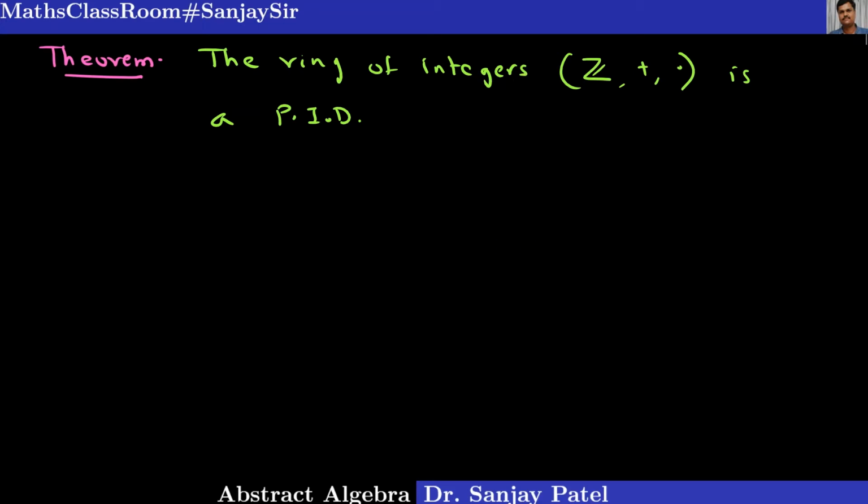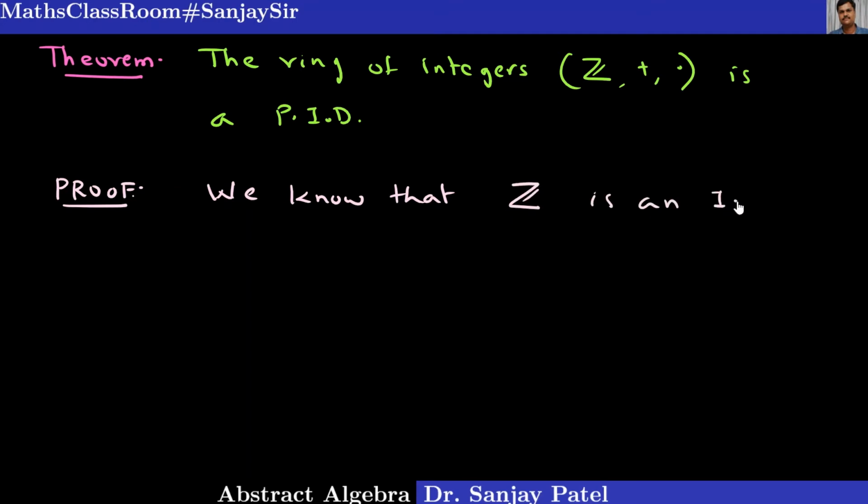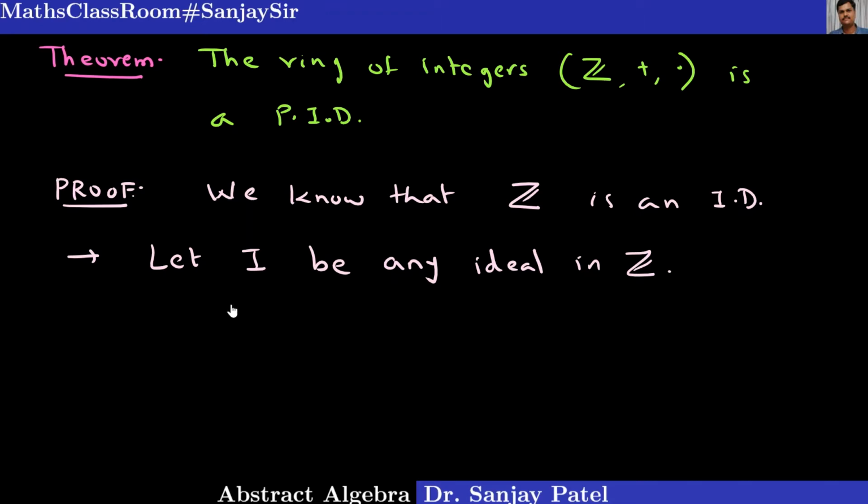Okay, let us prove. To show that it is a principal ideal domain, first of all, we note that the ring Z is an integral domain. Let us start with an arbitrary ideal in Z. Let I be any ideal in the ring Z. Now I is an arbitrary ideal, so there are two possibilities.